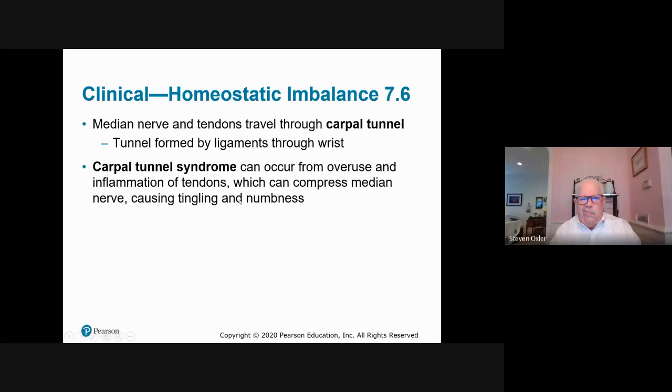And the median nerve will give you tingling and numbness of your hand. And this is called carpal tunnel syndrome. And the way to cure that is to operate and loosen these tendons so that the median nerve is no longer compressed.